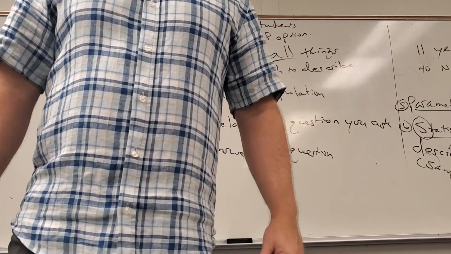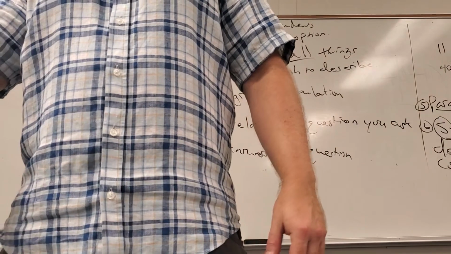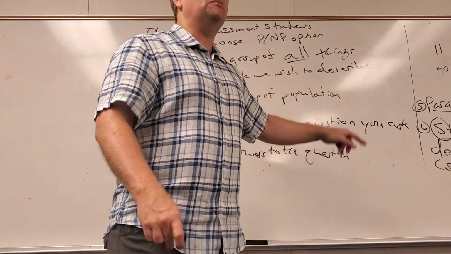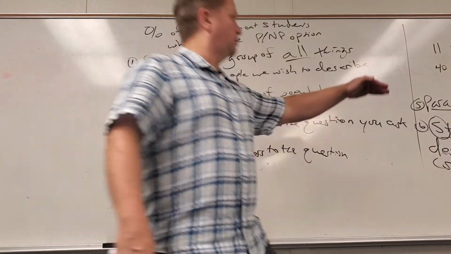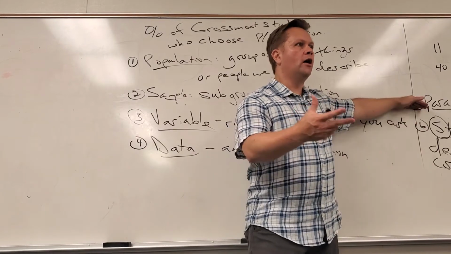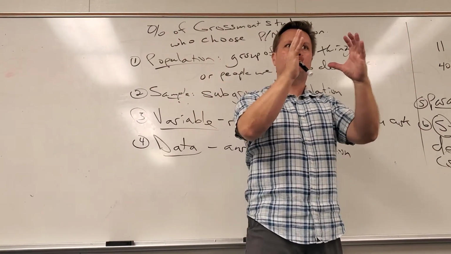It's a parameter. What's the key word? All. It's not of a sample. It's of every person. I hate when somebody says it's a statistic because it's a percentage. That doesn't mean anything. These are both possibly percentages. They could both be averages. One is talking about the entire group. The other one is talking about a subgroup.